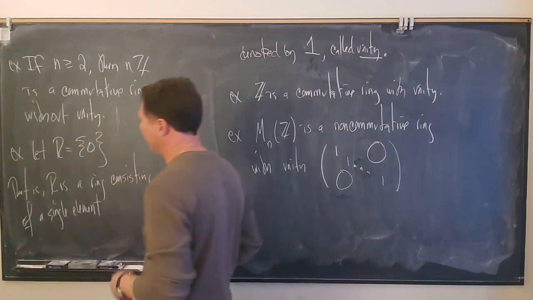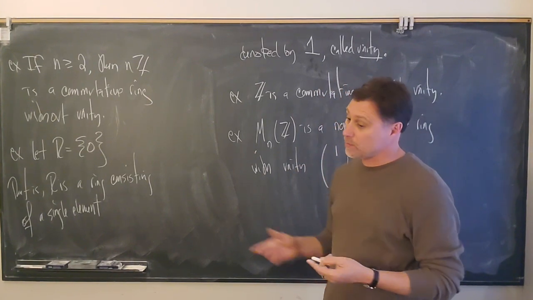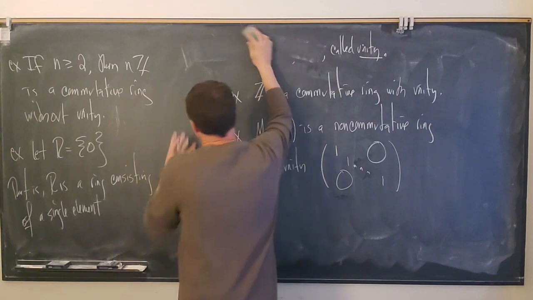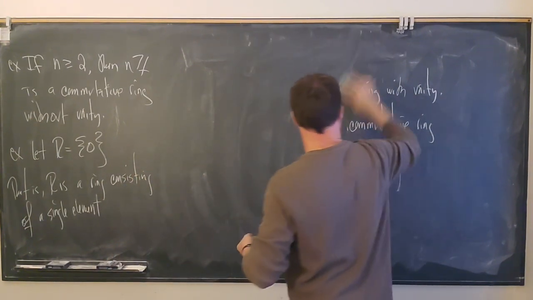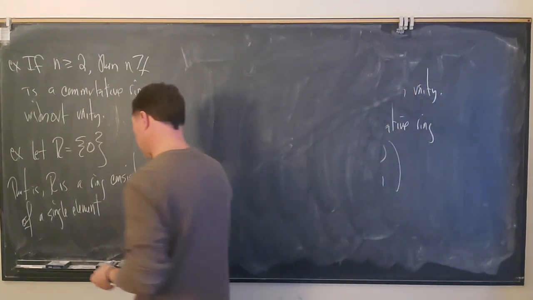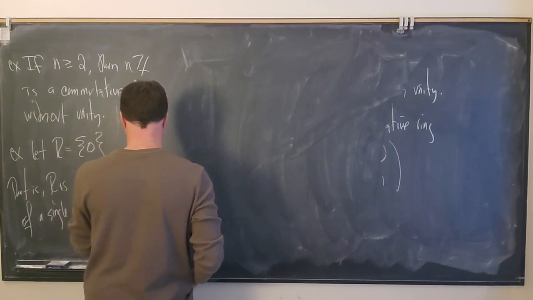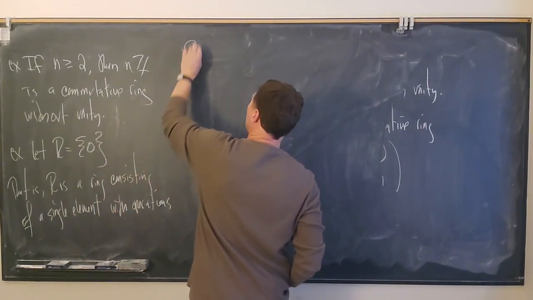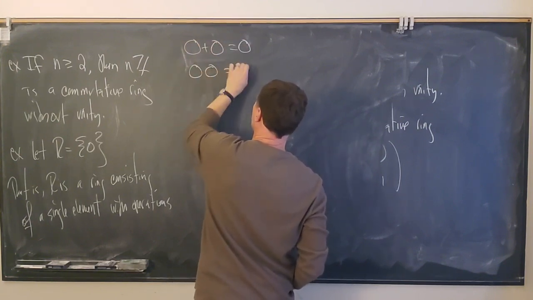A ring always has to have an additive identity, so I'm using the symbol 0 here to stand for that, but I don't necessarily mean the number 0. So this is a single element with operations. Well, there's not a whole lot possible here. When you add 0, you get 0, and when you multiply 0, you get 0.